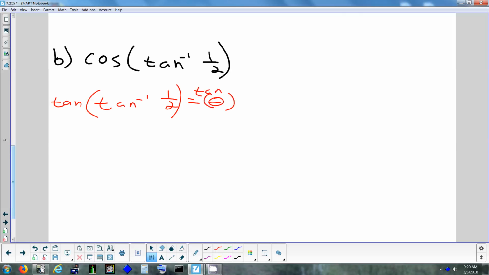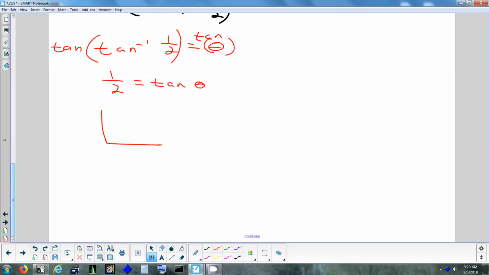Take the tangent of the right. And now, Tessa, what does that leave me with? Tangent of theta equals 1/2. Yep. So we have tangent theta on the right equals 1/2. Now we can set up a right triangle diagram.